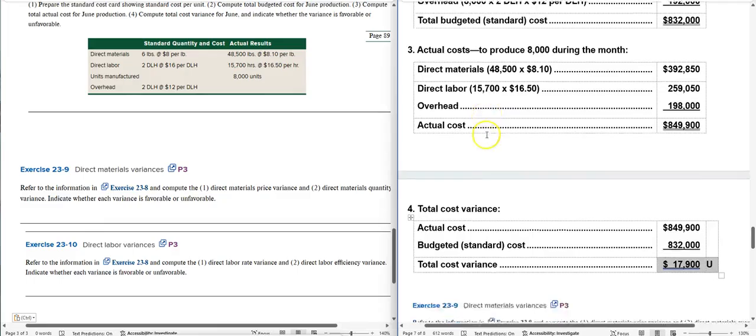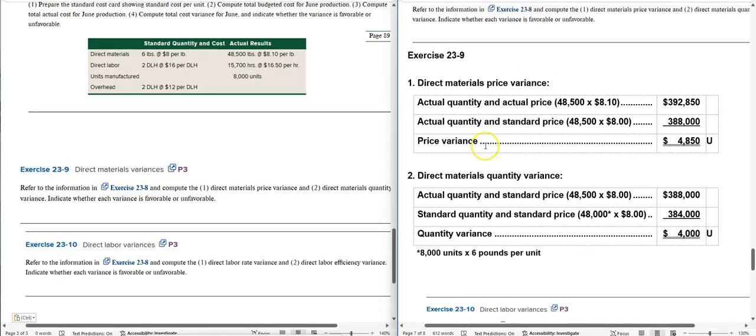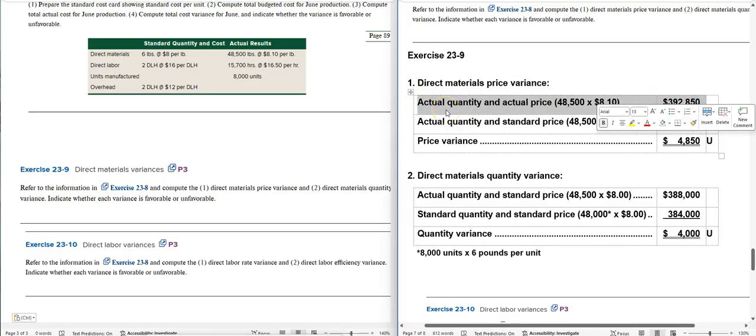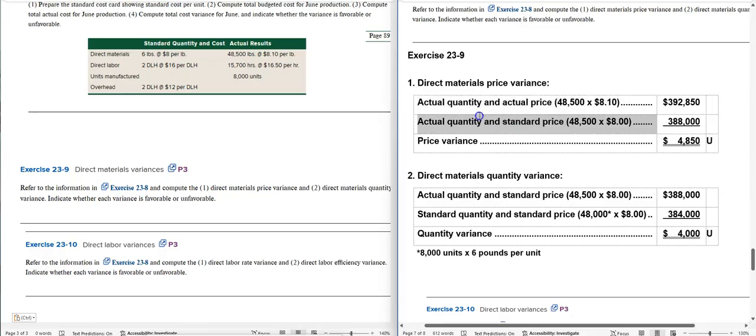Okay? So using that same information, we're going to break down the materials into a price variance and a quantity variance. In order to calculate a price variance, we are going to compare the actual quantity of materials used at the actual price paid, and we are going to compare that to the actual quantity used at what the standards or the budget says the price should have been for our materials.